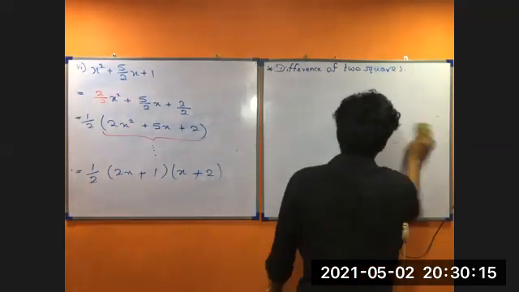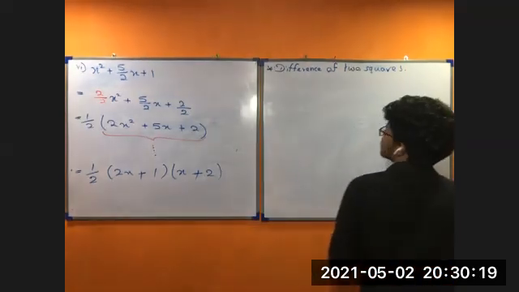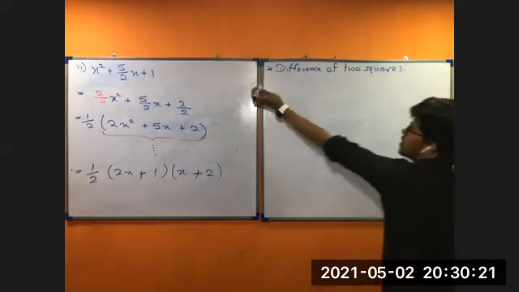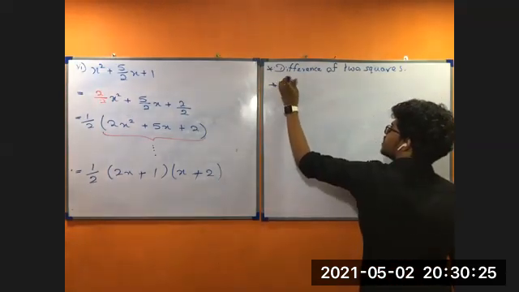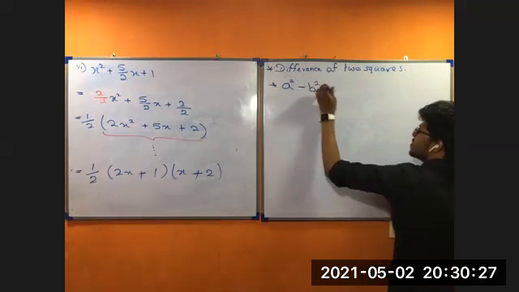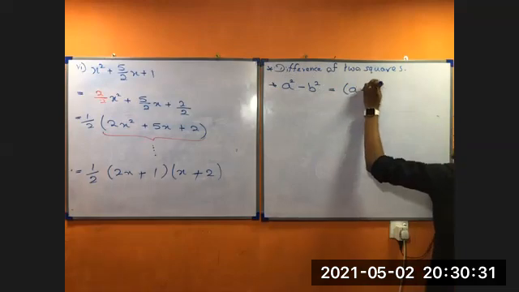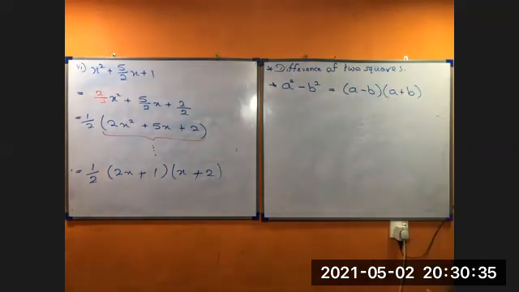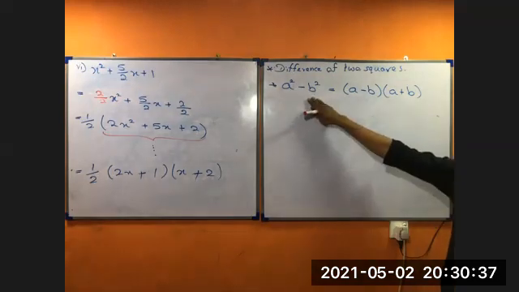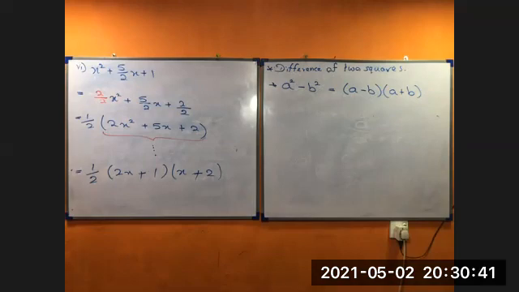So basically, when you have a difference of two squares, you can simply write what? A squared minus B squared is always equal to A minus B times A plus B. This is basic. So whenever you see a difference of two squares, you can simply write it A minus B, A plus B. Nothing complicated.